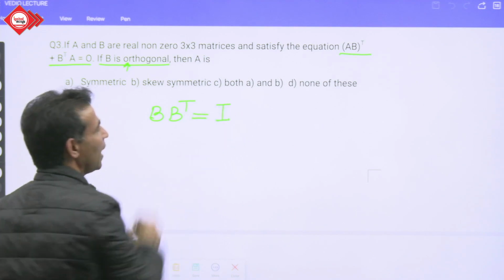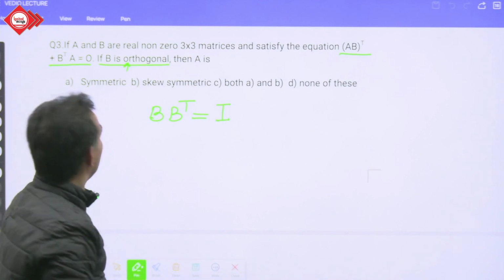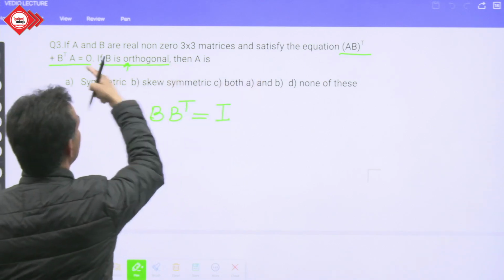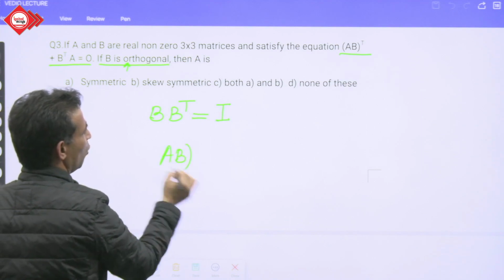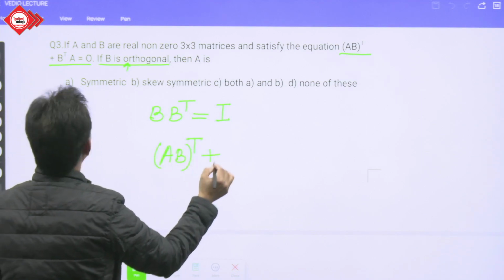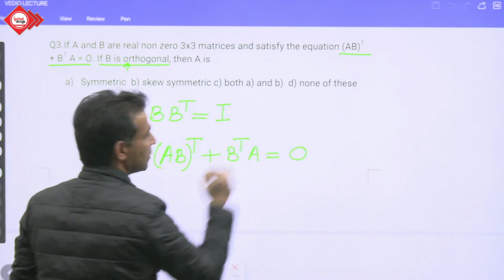It is equal to I, because B is an orthogonal matrix. Now let us take the second condition into consideration. The second condition is AB whole transpose plus B transpose A is equal to null matrix.